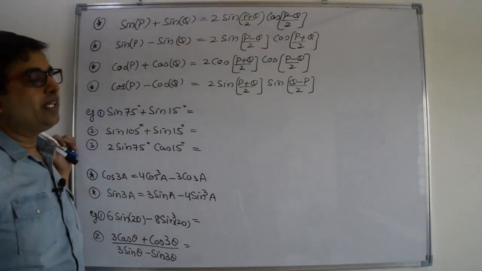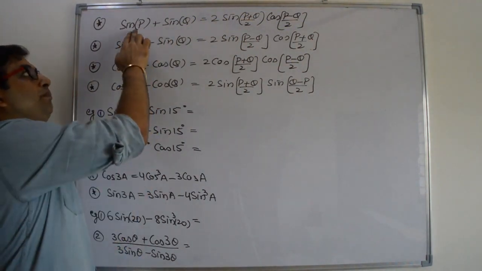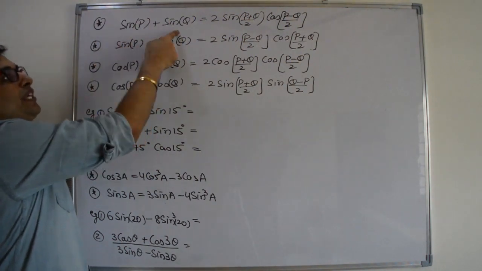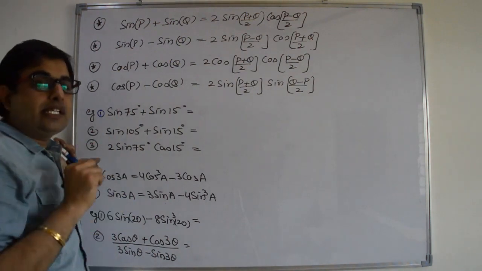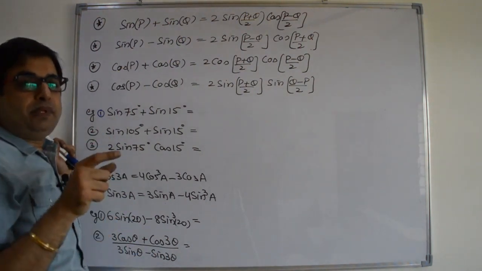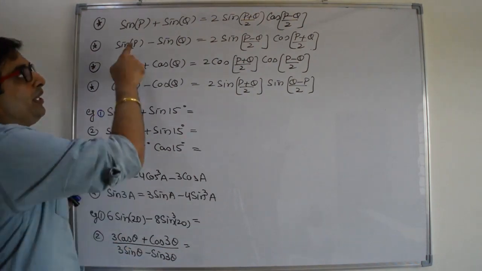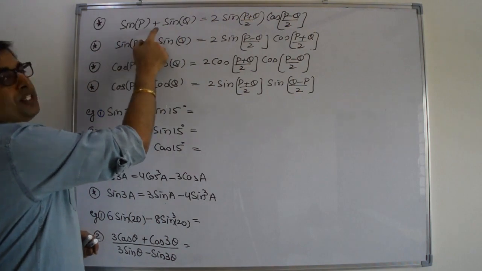Next type of formulas. Sin P plus sin Q. Right? P and Q are different angles present in different sine functions, sin P and sin Q. In the previous case, sin(A+B), two angles are present in a single sine function. But here we have separate sin P and separate sin Q and the addition of the two.